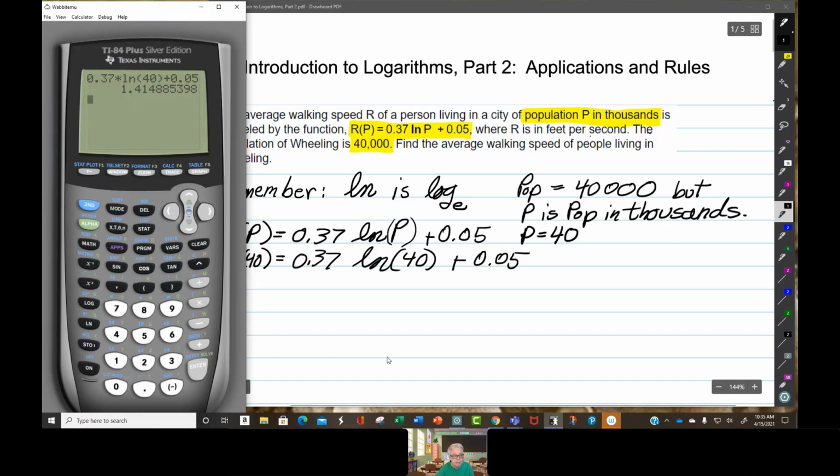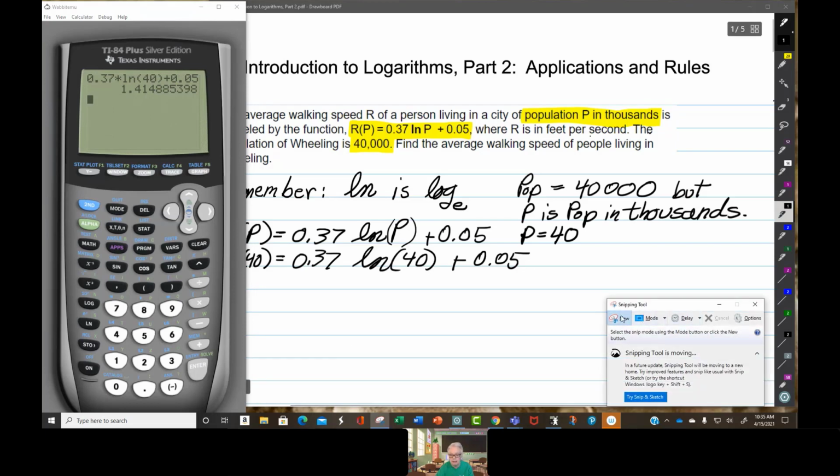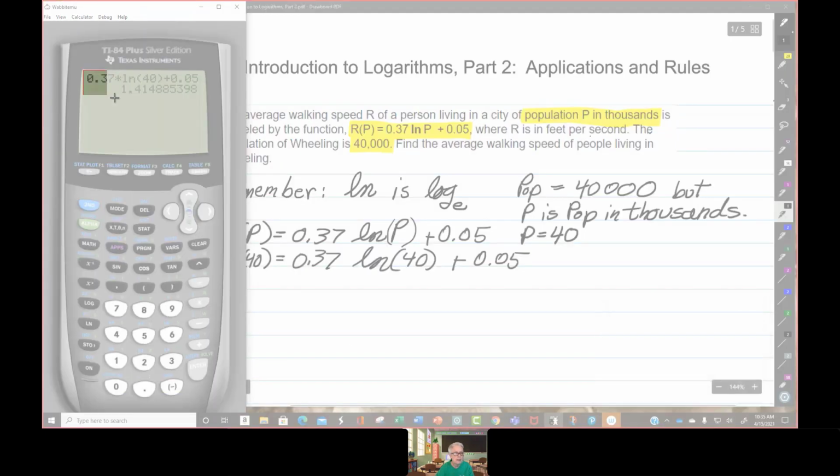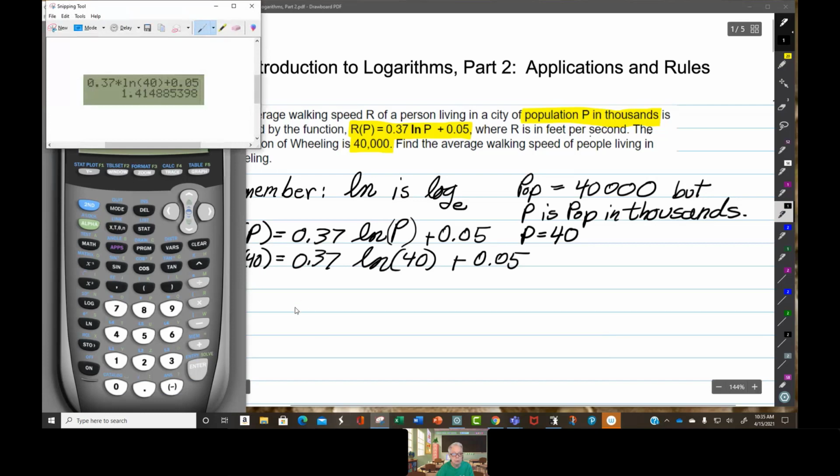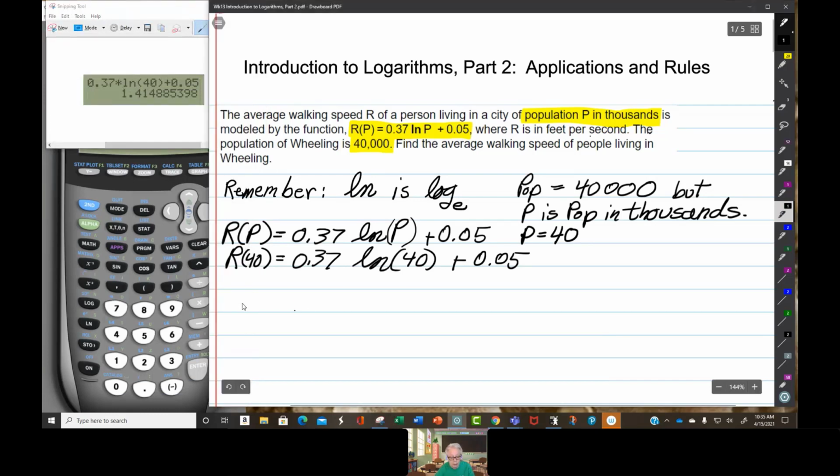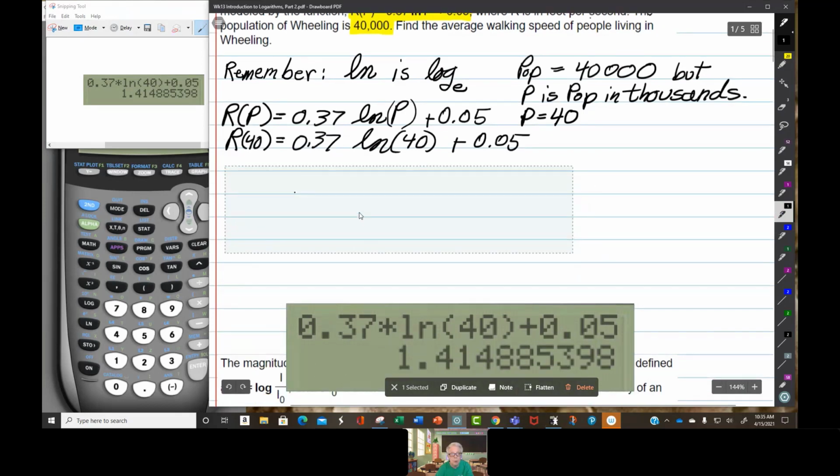That the walking speed is going to be 1.41. Well, I'm going to write it down. Copy it. That way, whoever reads the notes afterwards will see the calculation, which is important.